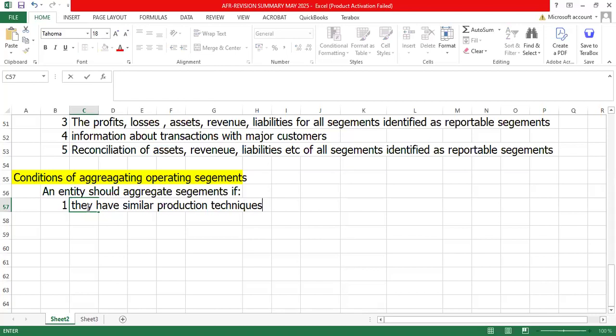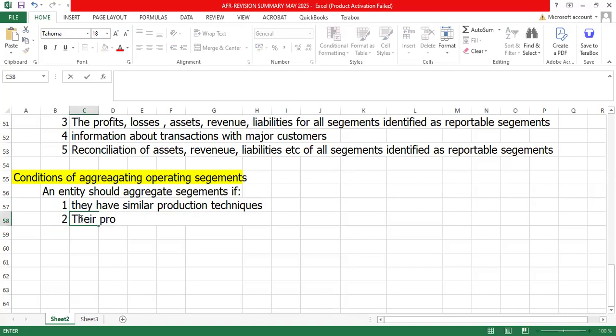The methods you use to produce the product in those divisions or segments are the same. But if you apply different techniques in every division, every segment, then you cannot aggregate. Then number two, you look at their customers, their products.